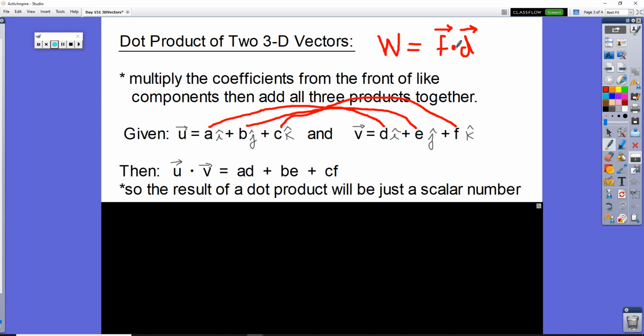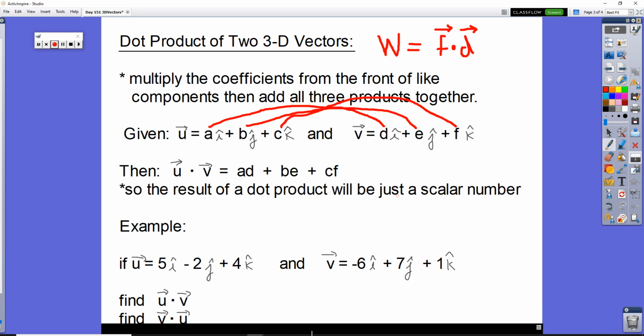This formula, work equals force times displacement, only works when the force and the displacement are aligned. In other words, they have to be going in the same direction. This technically is actually a dot product between two vectors. Now, if you're not doing vectors in the physics class, your physics teacher is probably not telling you this yet. When you go to a college level class, you will definitely see the work formula expressed in this form.